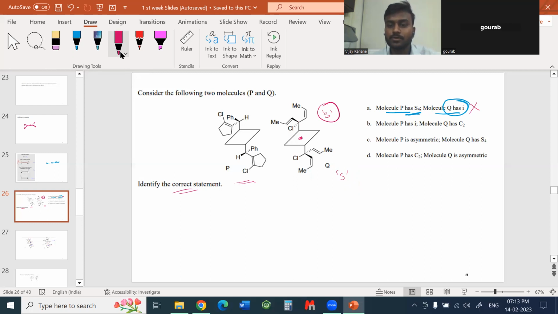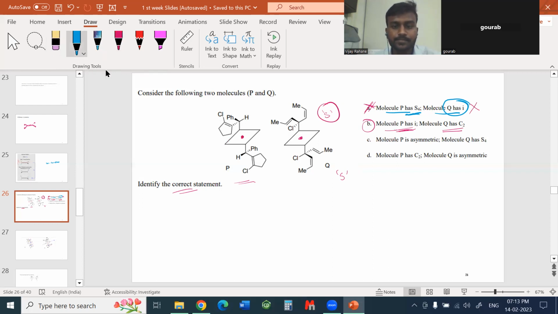The second option is: the P molecule has the inversion center, and Q molecule has the C2. So this one is the wrong answer. In the second option, they have given that the P molecule has an inversion center. How can you check? We keep an imaginary center and check. These groups are opposite to each other, so no need to consider more.